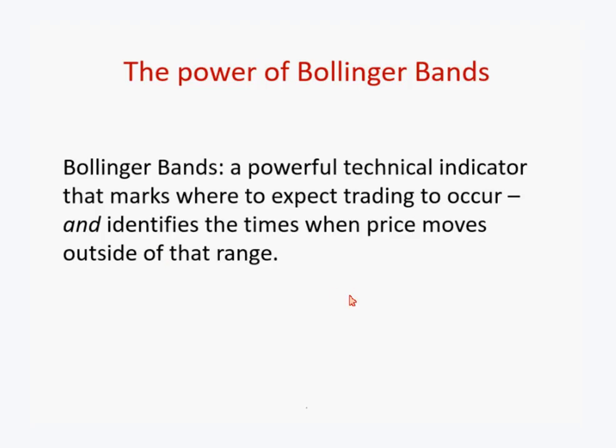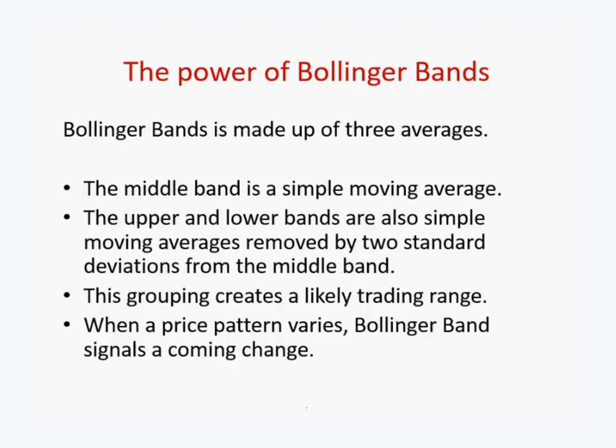So this indicator helps you to identify entry and exit and timing of when to make those decisions based on how price behaves within the range of what is essentially 3 bands. The middle band of Bollinger is a simple moving average, and the upper and lower bands are the same. They're simple moving averages, but they're removed from the middle band by 2 standard deviations.